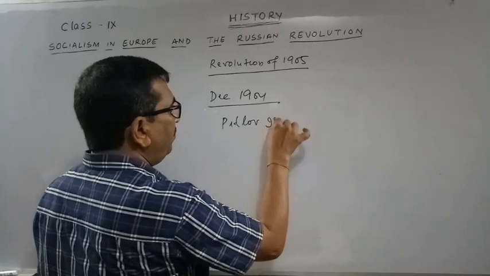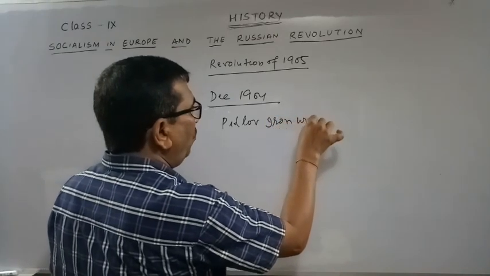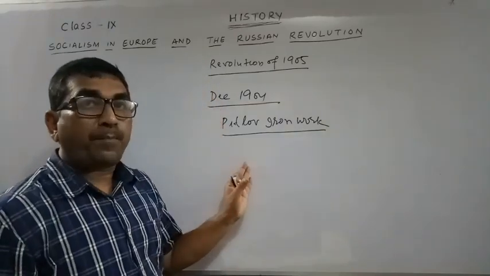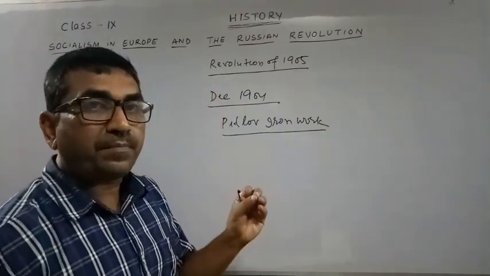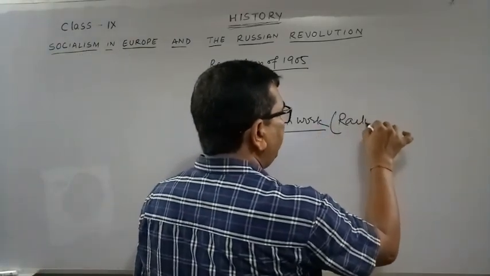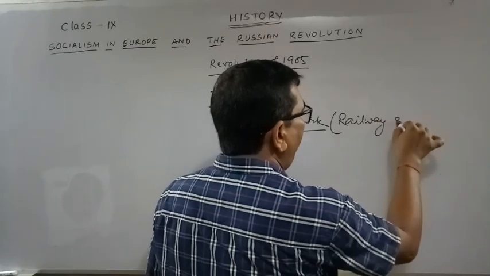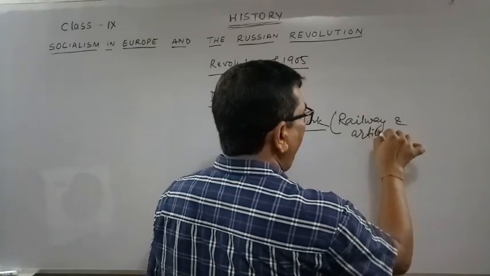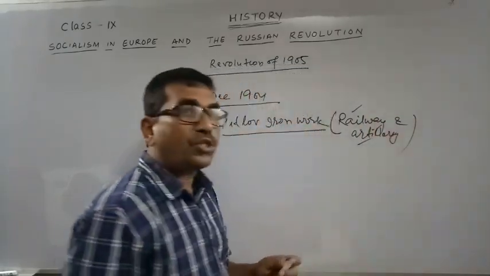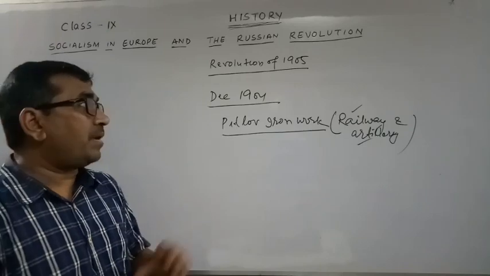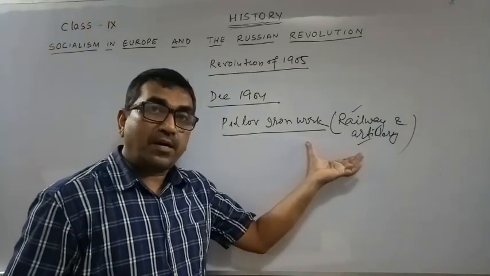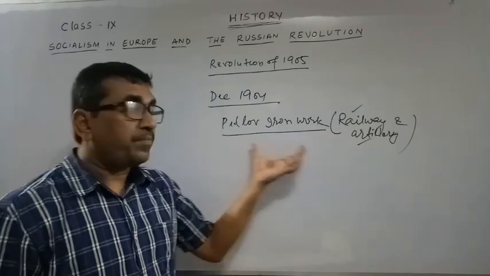Putilov Iron Works in St. Petersburg was a company which was supplying railway and artillery equipment. Railway and artillery are used in military weapons, so they were supplying the things for the railway and the artillery.